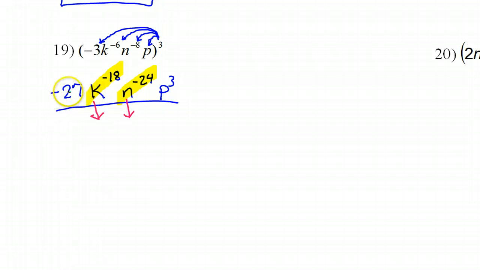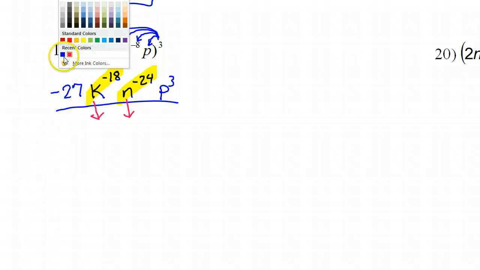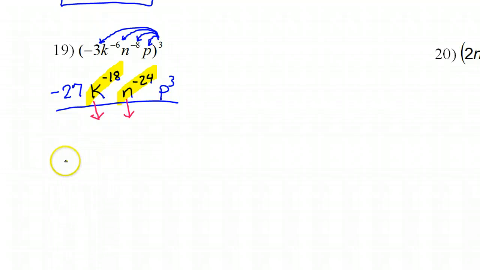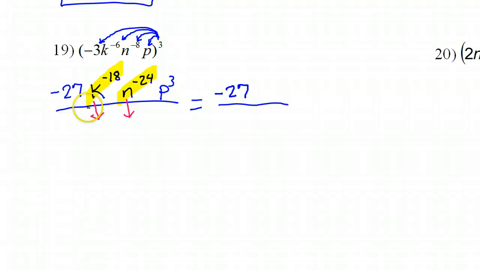But notice the negative 27 is not an exponent. So even though it's negative, it's going to stay right where it is. So I will have negative 27. That stays where it is.